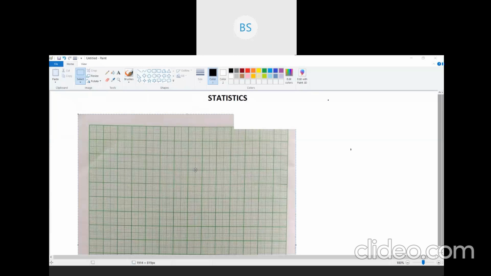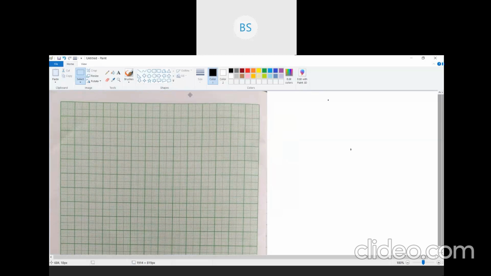Okay, so this is the graph you all have used, right?